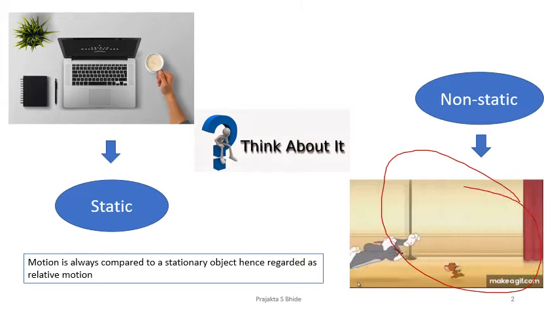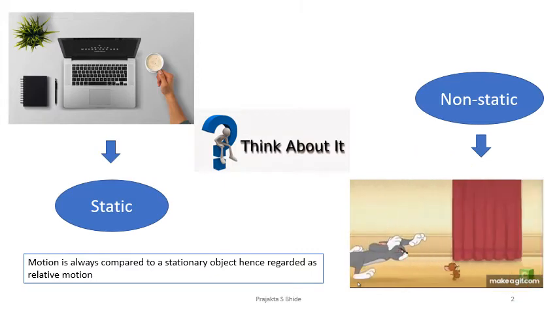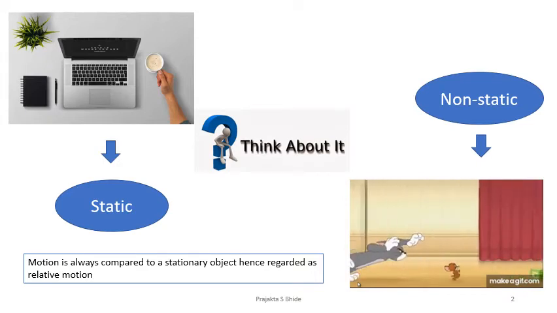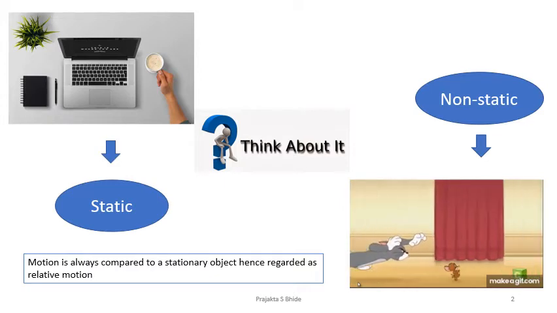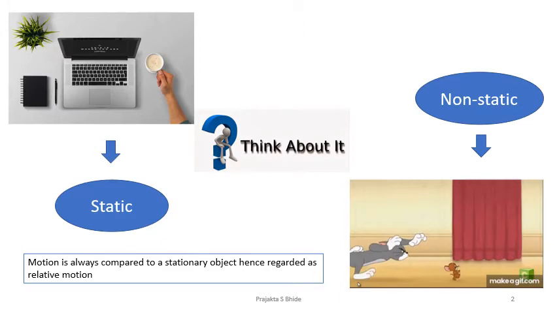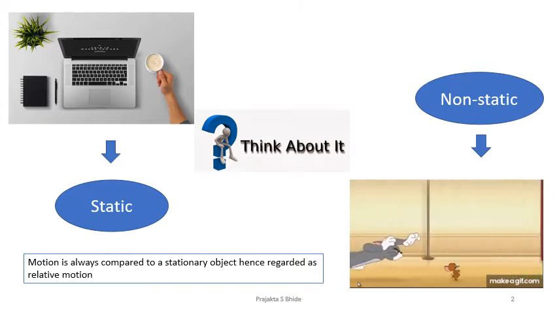So in relation to that wall or that curtain or that green box, I find Tom and Jerry moving. Whereas in the first picture, I don't see anything moving because everything is fixed. So any motion is always compared to a stationary object, and hence we regard it as relative motion.